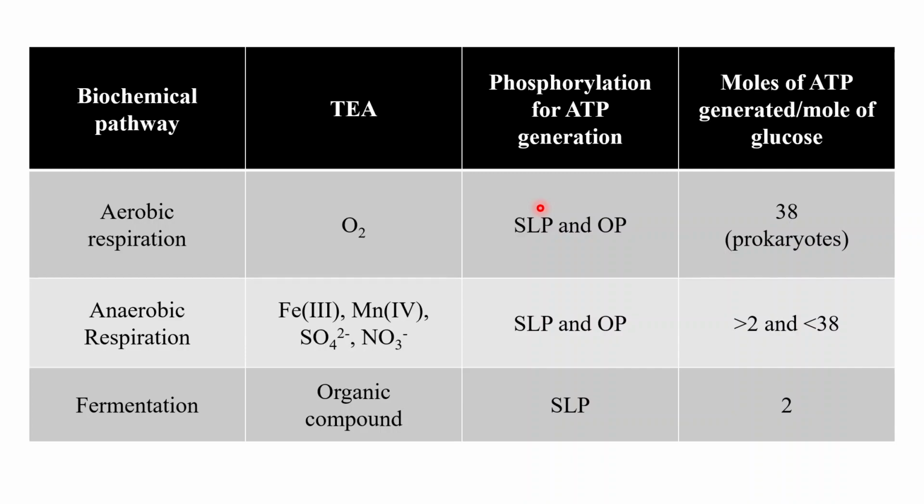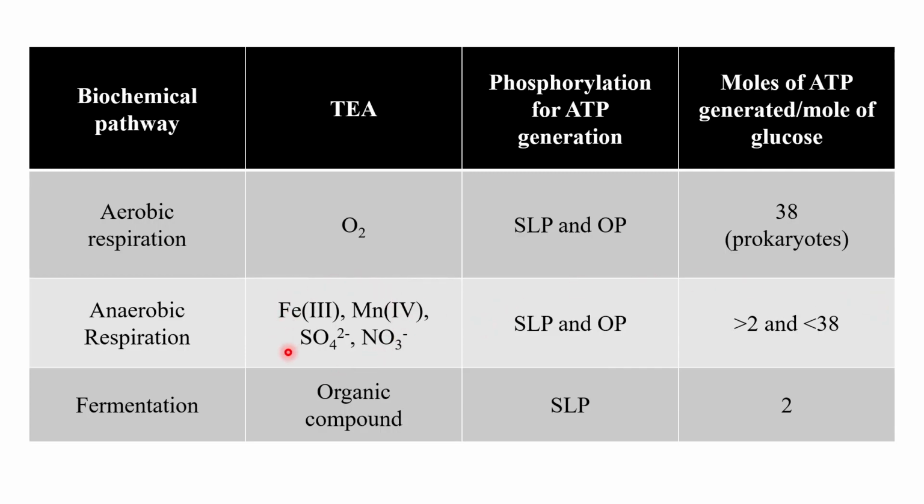So from substrate level phosphorylation, two molecules of ATP are generated, and from oxidative phosphorylation, other 36 molecules of ATP are generated. Okay, so in total 38 molecules of ATP are generated from one molecule of glucose in prokaryotes under aerobic respiration in presence of oxygen. So in anaerobic respiration, since the maximum is 38 and minimum is 2, it can be somewhere between 2 to 38.